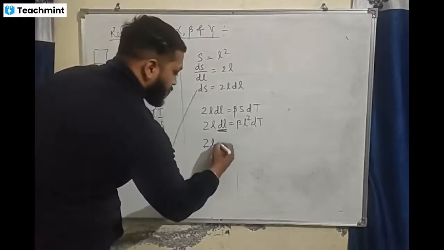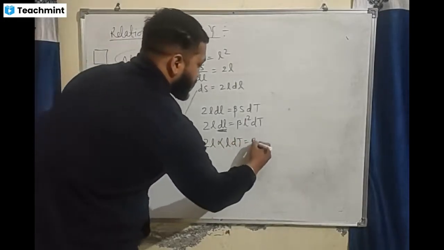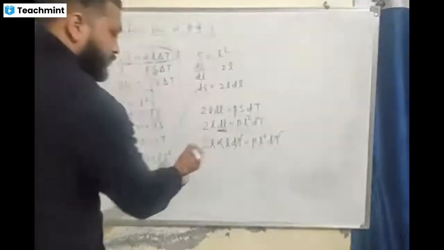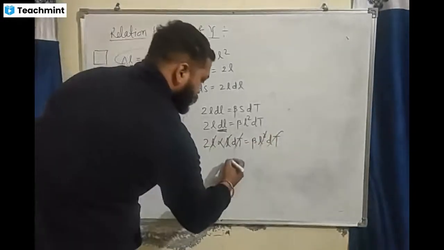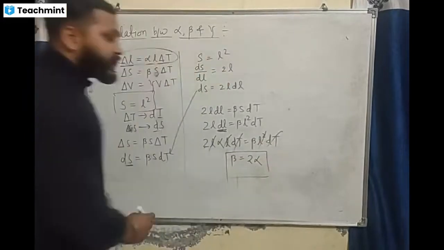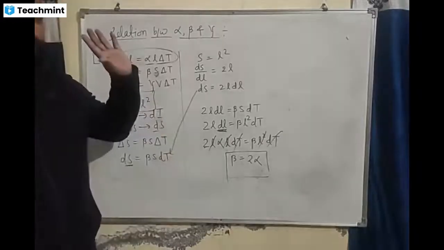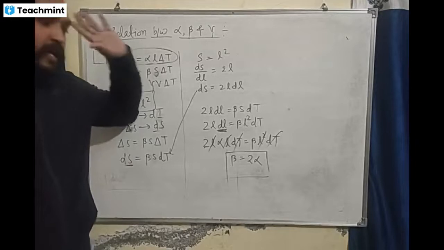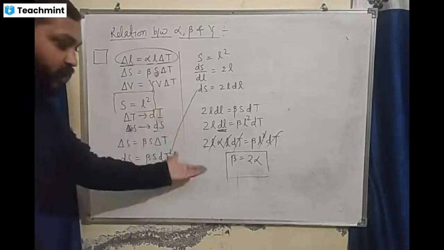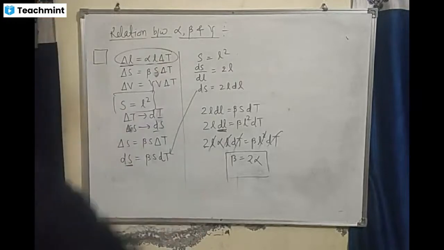So it becomes 2L into alpha L dT equals beta L square dT. So dT gets cancelled, L square gets cancelled, and the relation becomes beta equals 2 alpha. The first relation we have found is that the temperature coefficient of surface expansion is twice the temperature coefficient of linear expansion. Note it down.